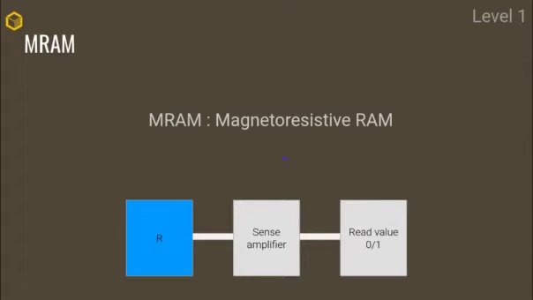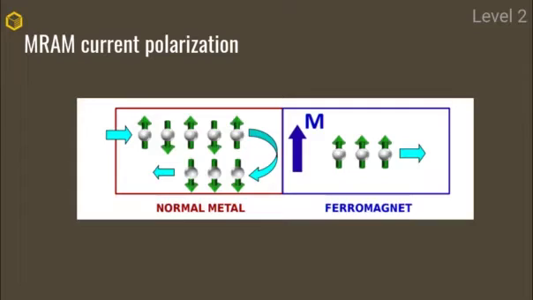This, like in DRAM, is amplified via a sense amplifier, and then the resulting thing is interpreted as either 0 or 1. So far, so simple. Now let's get a little bit deeper into things in level 2.